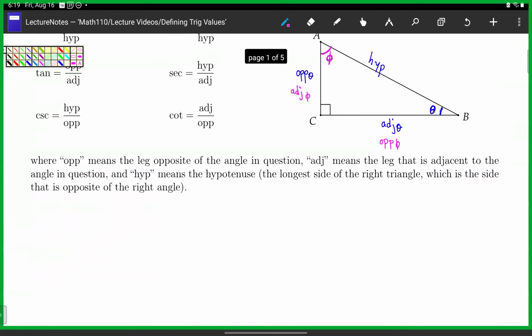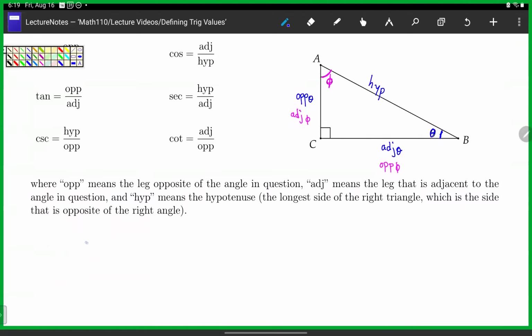So as an example in this case, we would have that the sine of theta, now the opposite leg is AC, and the hypotenuse is AB.